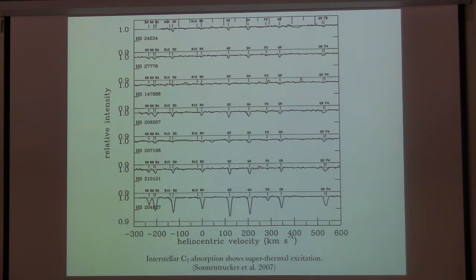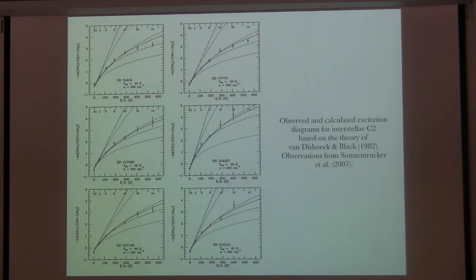Anyway, back to this. So here we have another case where we see highly rotationally excited C2 molecules. And this was the original way that Ewine van Dishoeck and I decided to present the C2 excitation diagrams. They're inverted.